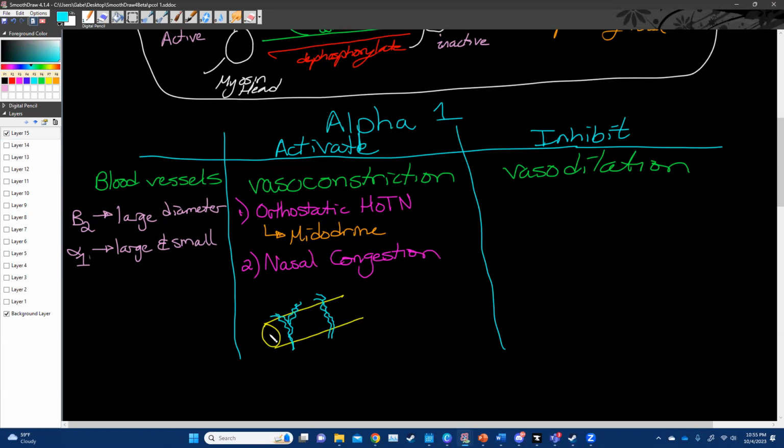And if the blood vessels get wide, they're going to constrict the space in the nose, and you're going to get congested. So we can use an alpha 1 agonist to decrease the diameter of the blood vessels, which will cause the diameter of the nasal passage to get wider. And the only drug I've seen used like this is oxymetazoline, or you'll see it as Afrin.